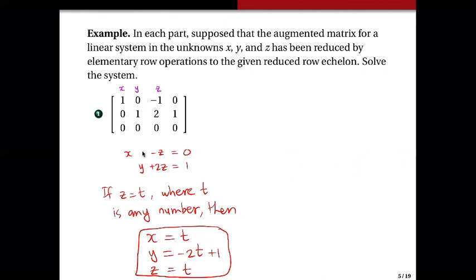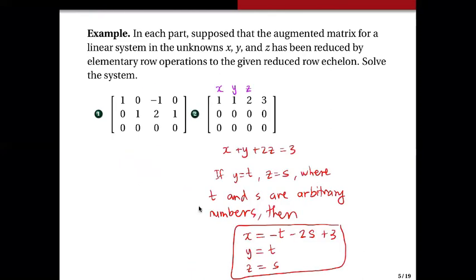That's why on the first equation, we just have x and z. On the second row here, we eliminated the x. That's why we only have y and z. On the third row, we eliminated all the variables because that was possible for us. And therefore, we have this general solution.